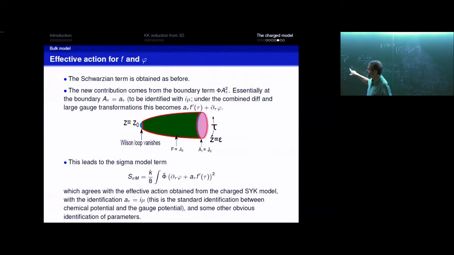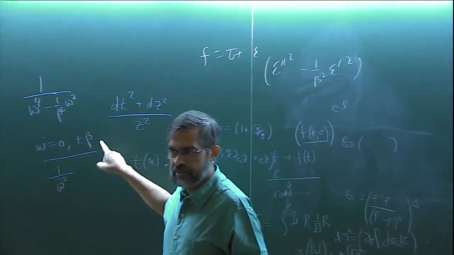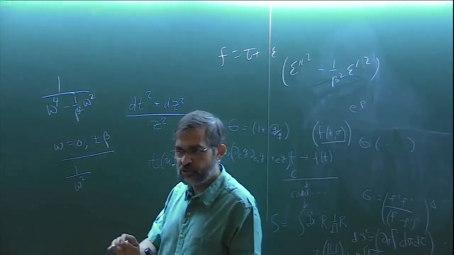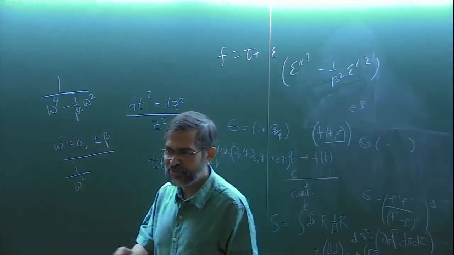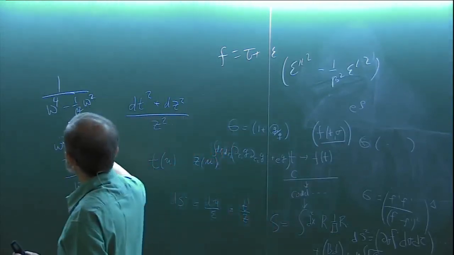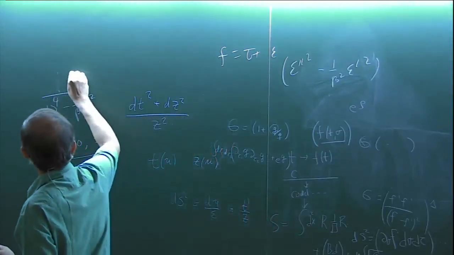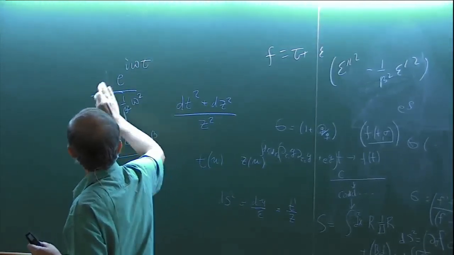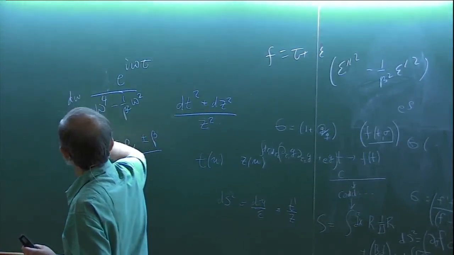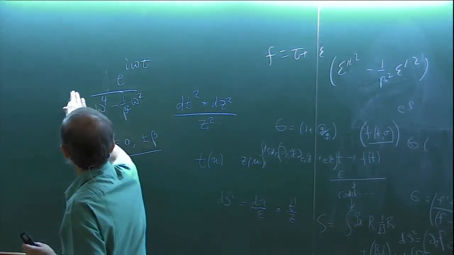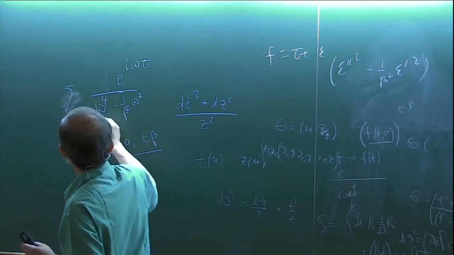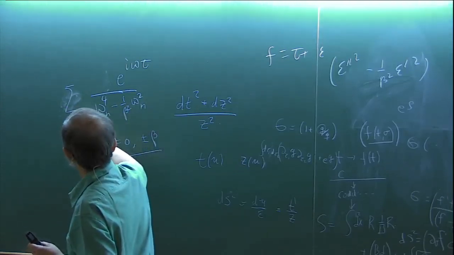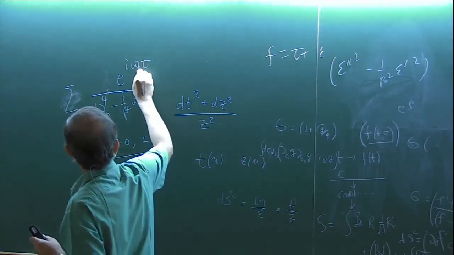And basically the appearance of the poles at plus minus beta, of course these were supposed to be the gauge modes. So we are supposed to not take them into account, but some rather beautiful things happen. So it is e to the i omega tau, and you do this integral. Actually, these are the sum over all Matsubara frequencies n.